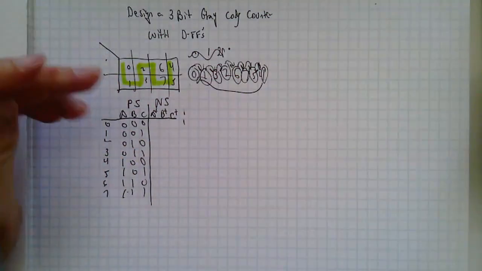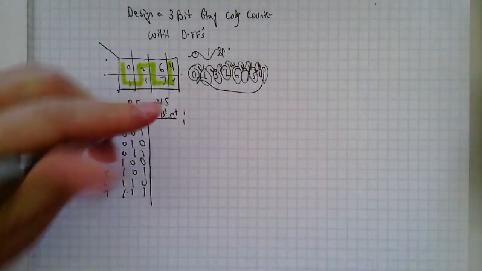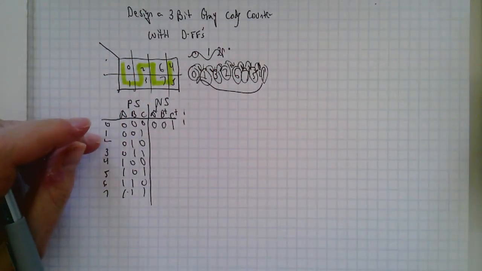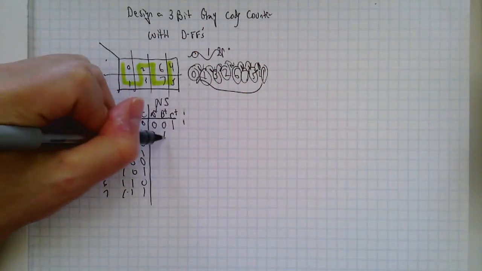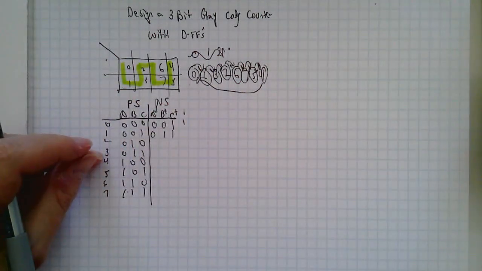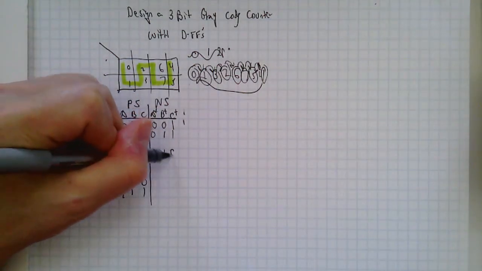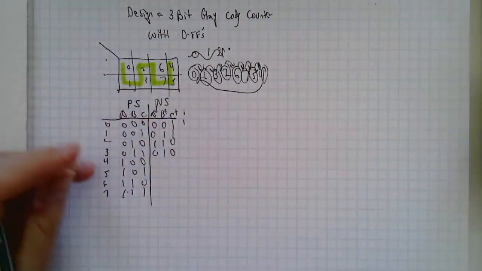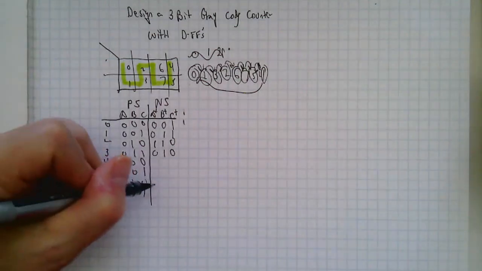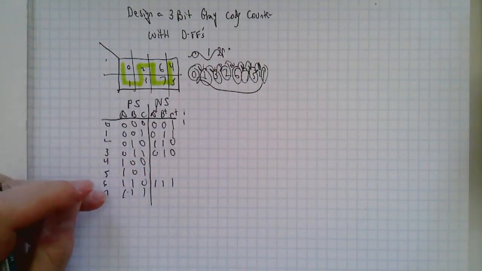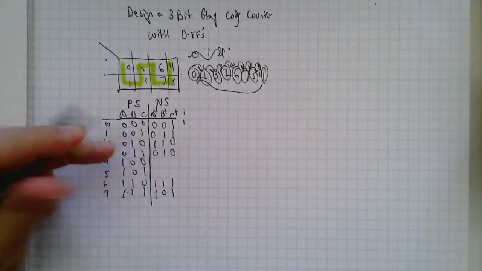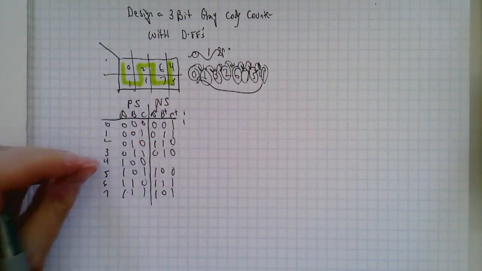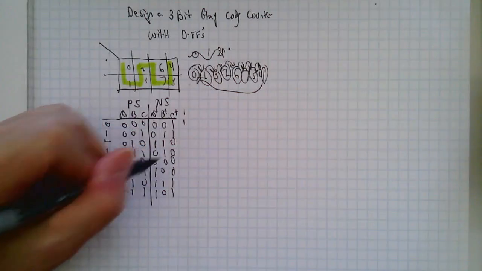If I'm in 0, the next state is a 1. If I'm in 1, the next state is a 3. If I'm in 3, my next state's a 2. If I'm in 2, my next state's a 6. If I'm in 6, my next state's a 7. If I'm in 7, my next state's a 5. If I'm in 5, next state's a 4. I'm in 4, I'm back to 0. Now I've done my present state, next state table.